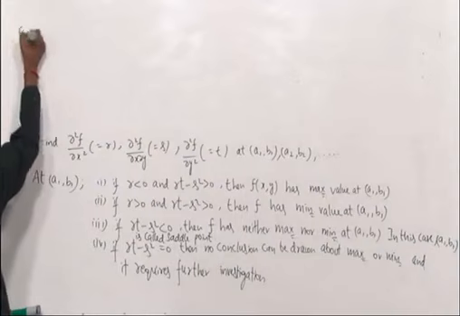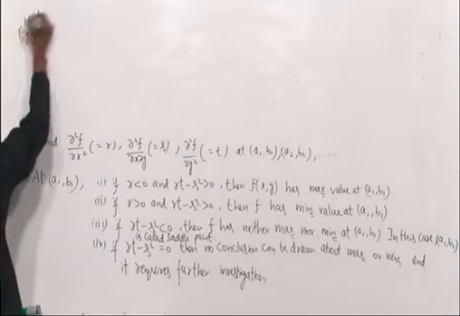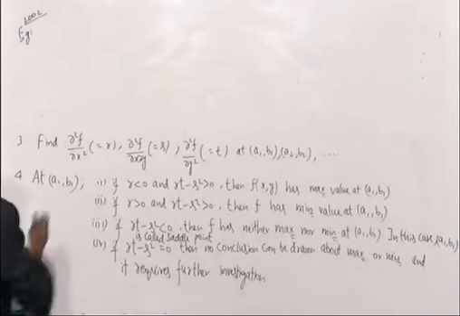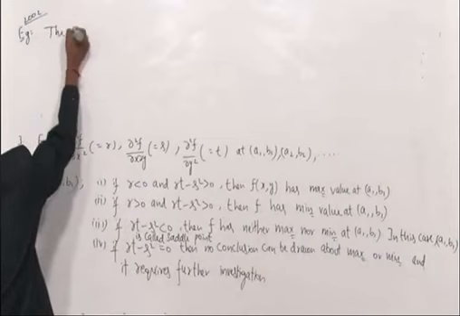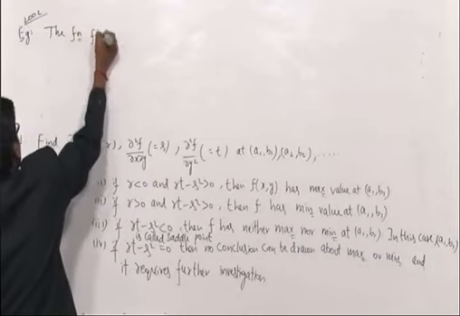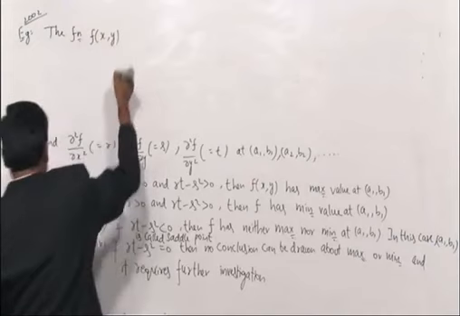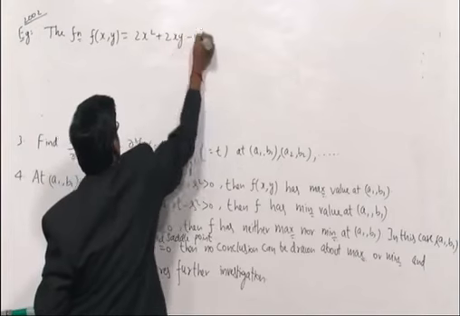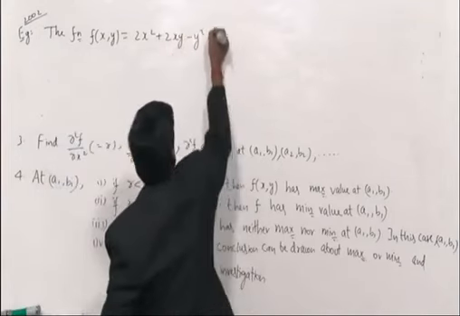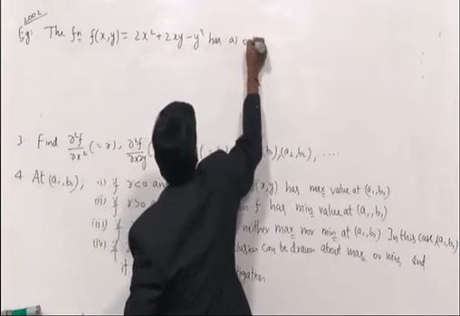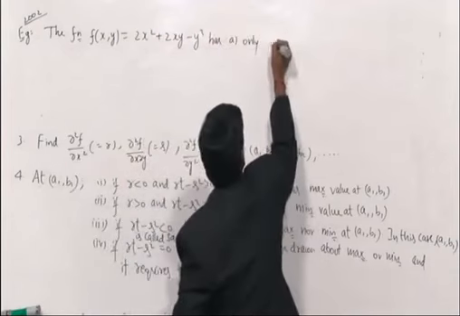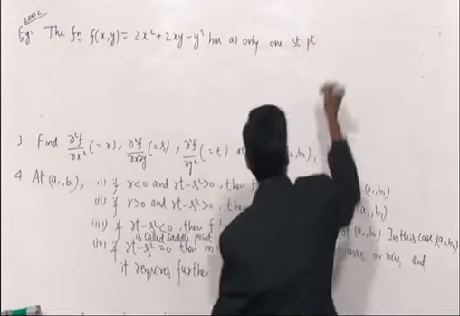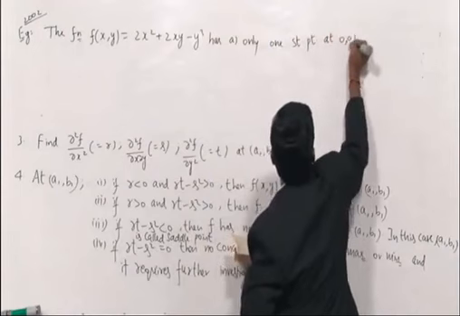Example, which was given in 2002, 2 marks. The function f of x comma y is equal to 2x square plus 2xy minus y cube has options. A. Only one stationary point at 0, 0.